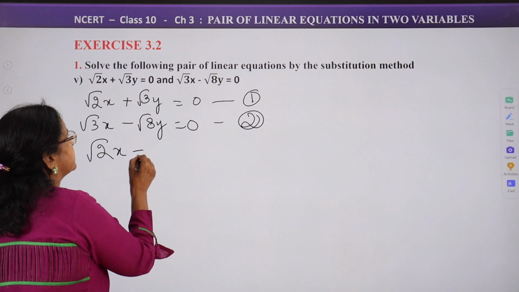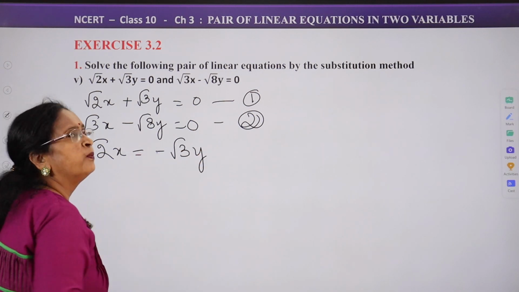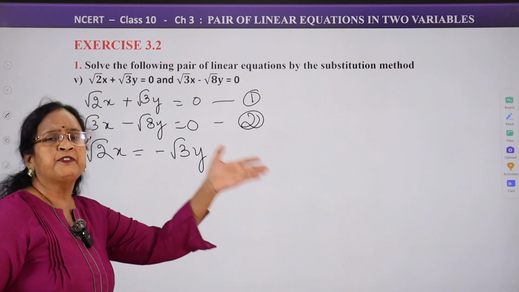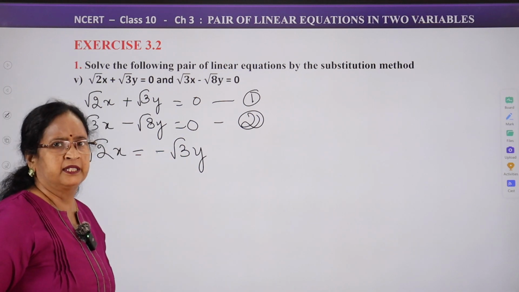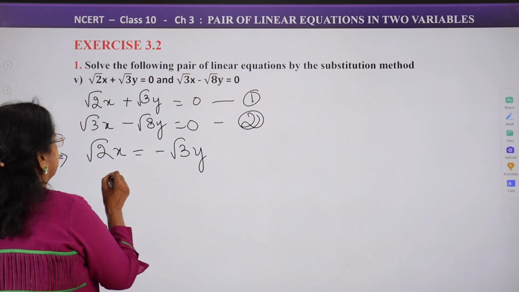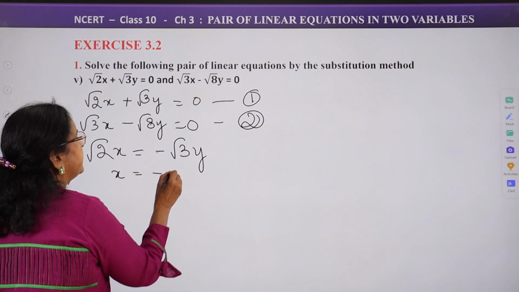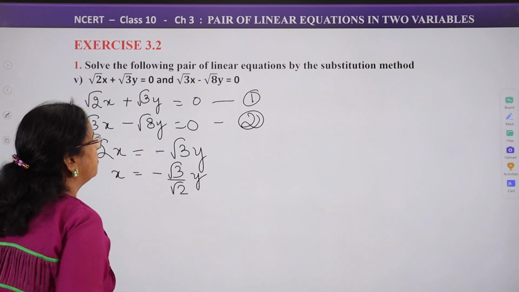Root 2x is equal to minus root 3y. When plus on the left hand side shifts to the right hand side, the plus sign becomes minus. Now, x is equal to minus root 3 by root 2 y.